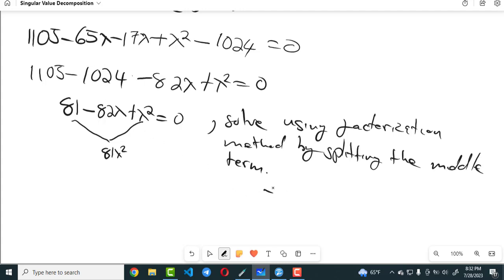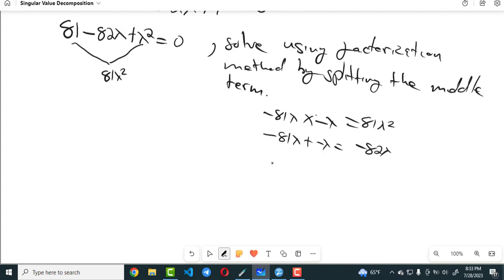It's minus 81 lambda times negative lambda to give us 81 lambda square. With this same number, negative 1 lambda plus negative lambda, we get a negative 82 lambda. So what we can do, we use these values, minus 81 and minus 1, to split this middle term.